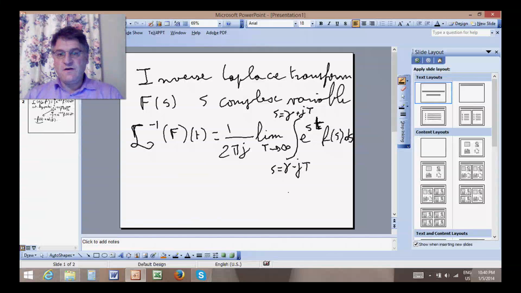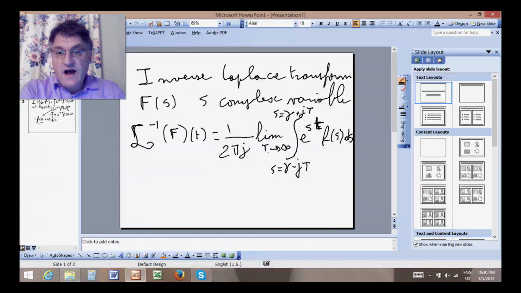And so with this, we actually do compute the inverse Laplace transform. Now, that inverse Laplace transform is quite a bit more complicated to handle than the Laplace transform.